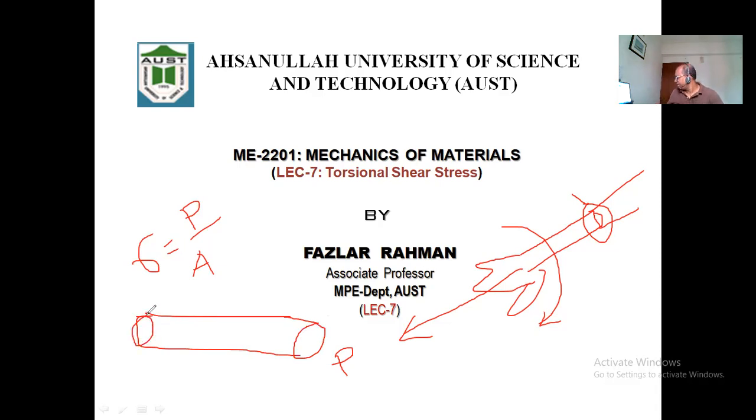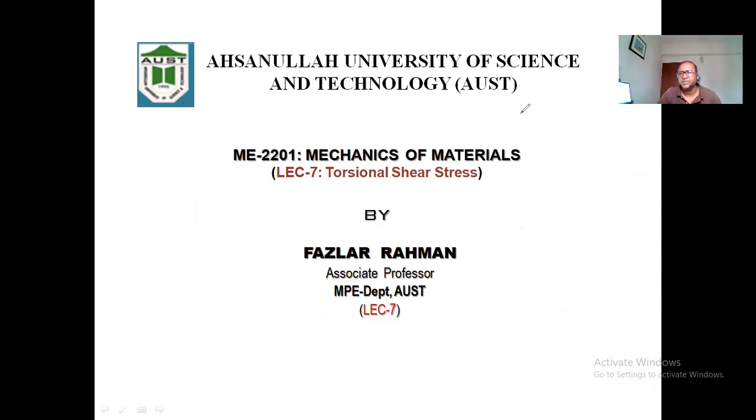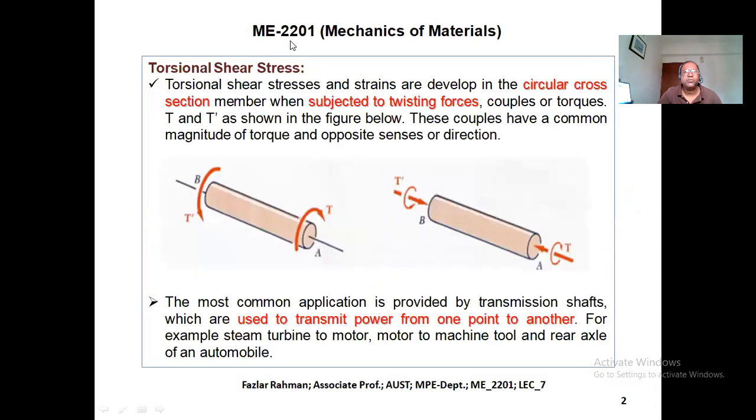And if you take it in your hands and twist in opposite directions a little bit, it will become two parts and most probably break at 45 degrees, because at 45 degrees the shear stress is maximum. So if you apply torque or torsion on a body, then it experiences shear stress.